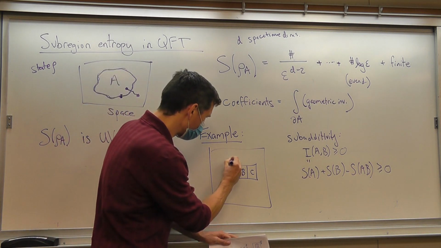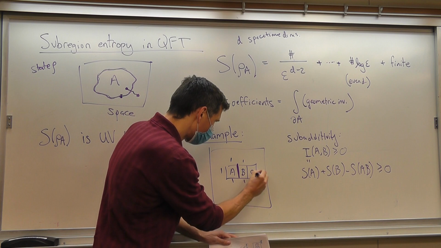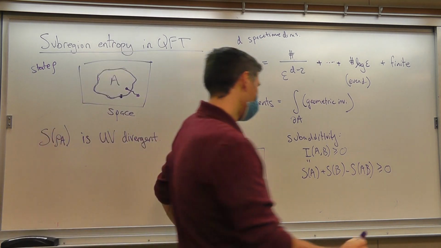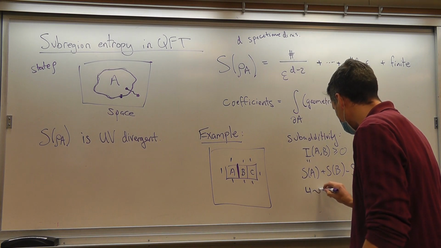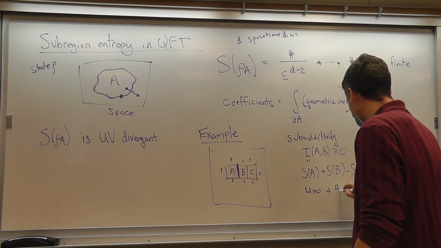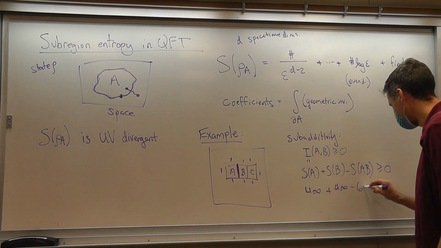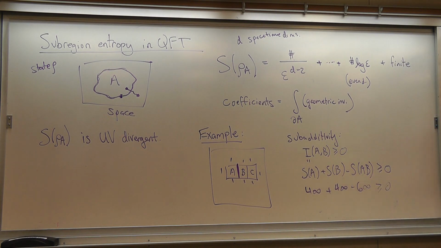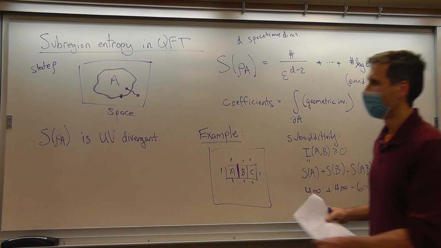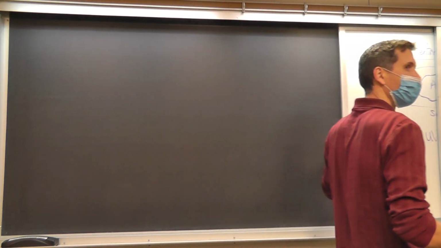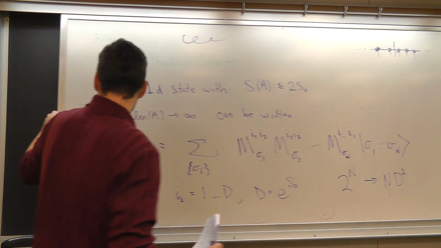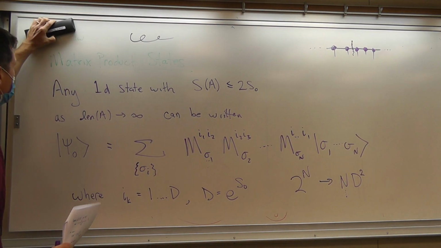Okay, so if all these things have length 1, then this is 4 times infinity plus 4 times infinity minus 6 times infinity, which is indeed positive, but it's not very interesting. When things get interesting is when you can cancel off the divergences and still have something left over that's not trivial.